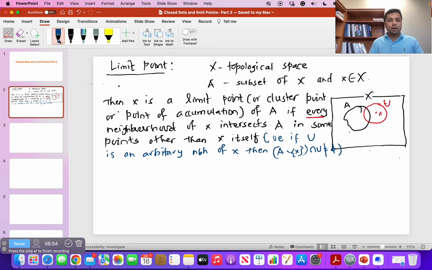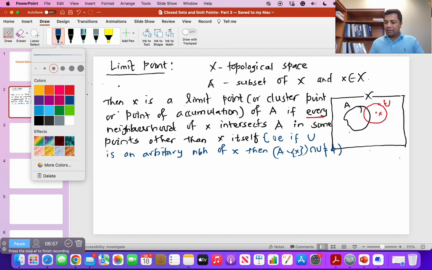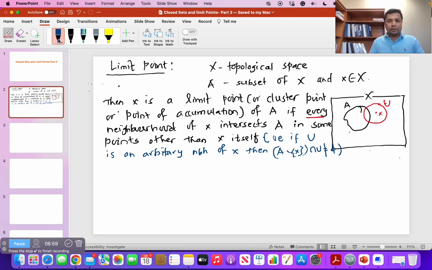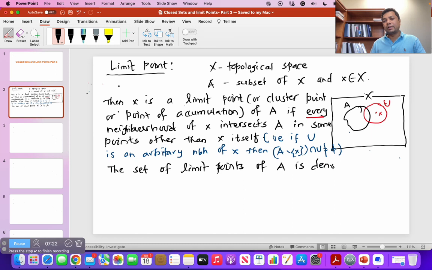All right, then the set of all limit points of the set A is denoted by A prime.